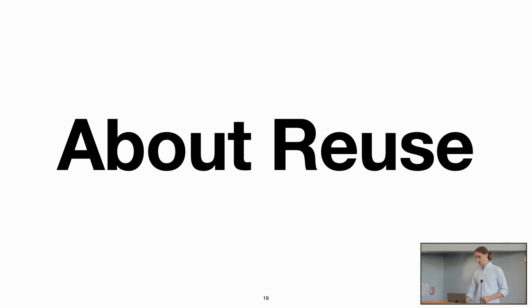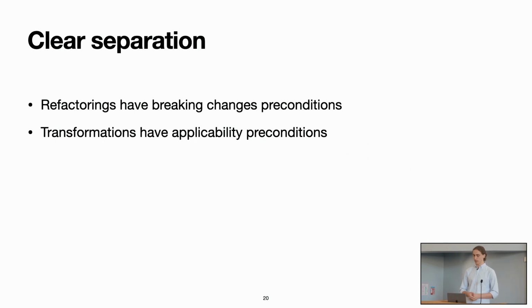And now let's talk about reuse, and this is connected with the preconditions story, because our thinking is that transformations need preconditions, and specifically applicability preconditions, because even though we are doing transformations and we don't guarantee to preserve any behavior, we should at least not create exceptions or open the debugger.